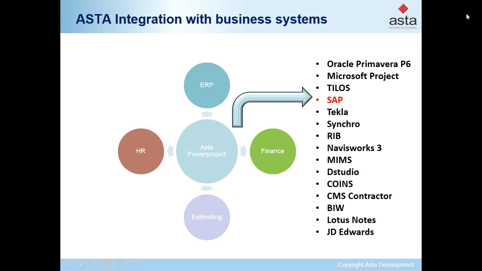And today our focus will be the SAP part. There is also JD Edwards for the ERP systems, which is in competition with SAP. When I show the SAP today, you can assume that your integration will be similar to these integrations.